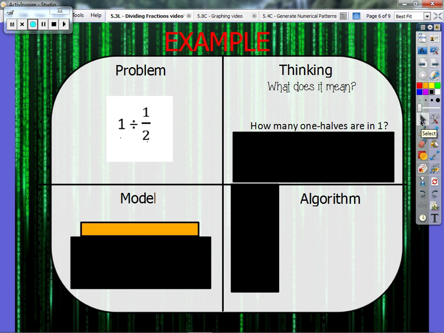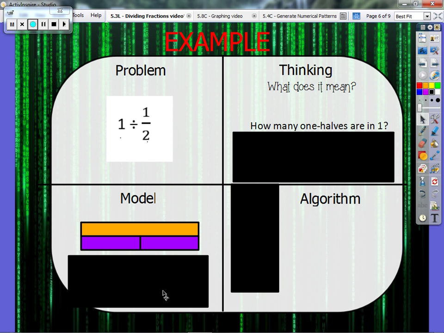So we go ahead and draw underneath it, under the whole, and we're splitting it into a half, showing us that this whole is split up into half. And that gives us what? If you notice, that gives us 2.